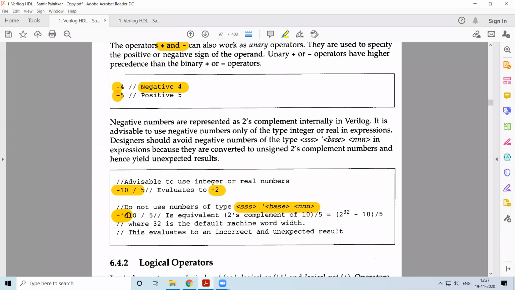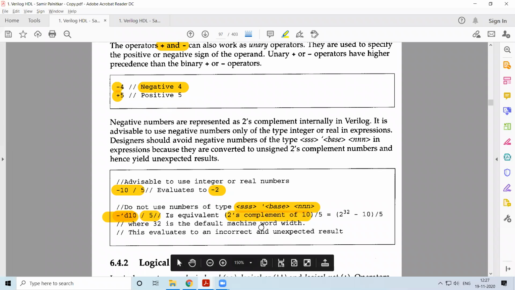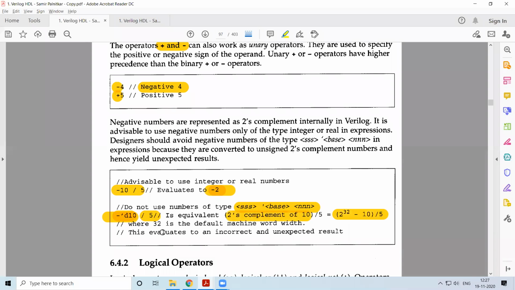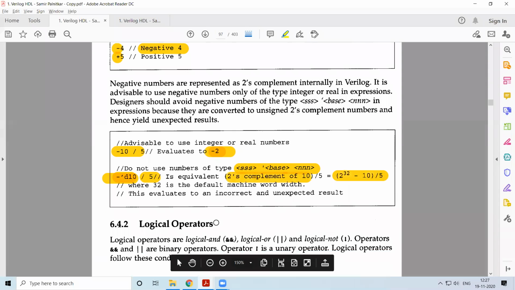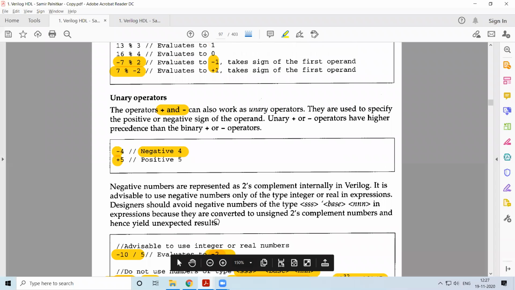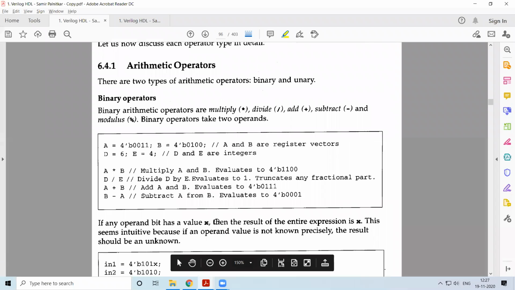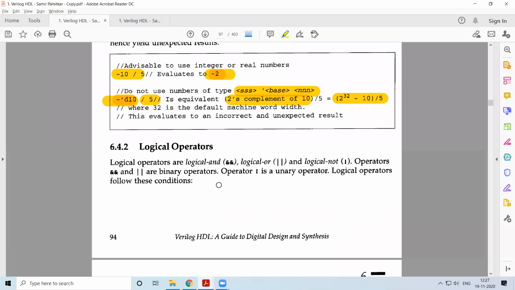If I do it in this form, it might end up in unexpected results, because when we put it in this form, it will be dealing in 2's complement. So you have to analyze the result in 2's complement form. You are expecting that the answer is minus 2, but you might end up with a different result, which is actually the result of the 2's complement. So when you are dealing with negative signs, be careful. That is one thing you have to note down when using the arithmetic operators, specifically the unary operator minus.